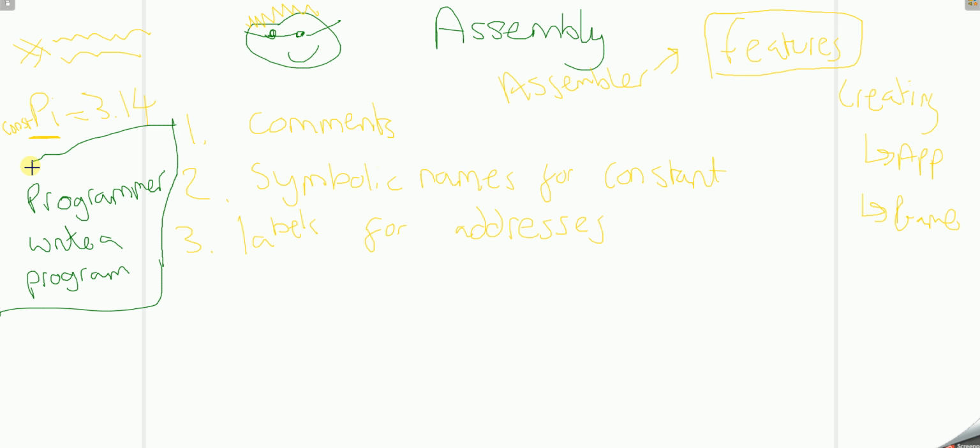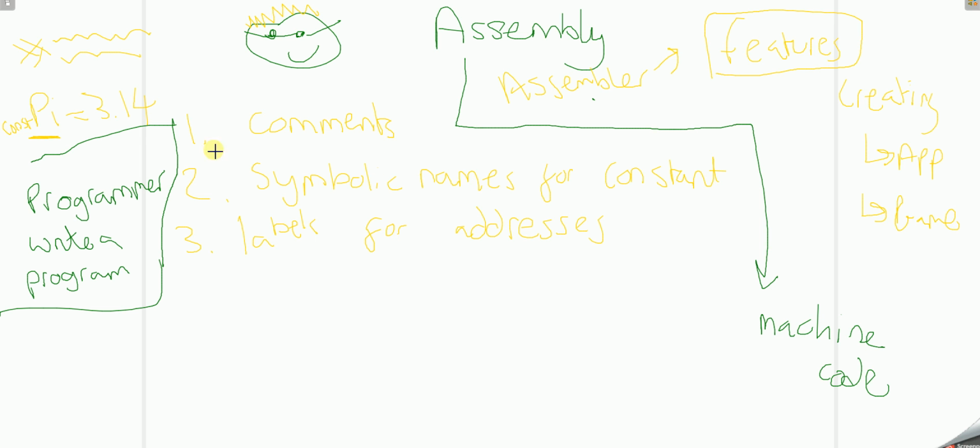And what happens is simple. When it gets turned from assembly language to machine code, and you're writing a program and you've got these three things, the comments actually get taken out by the assembler.